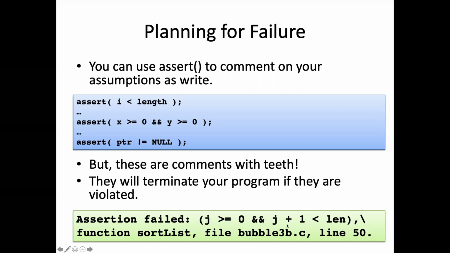So it'll give you a human readable report of what went wrong, and it'll tell you where it failed. So you don't have to write your own statement to say, I'm checking this here, I'm checking this here. It'll give you a file and a line number where the assertion failed, so you can go back and check this within your program.